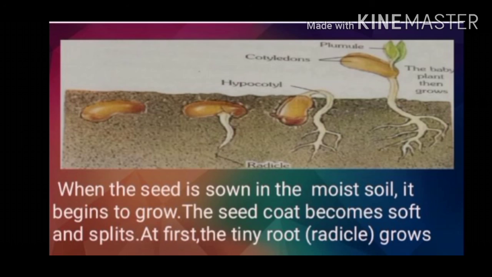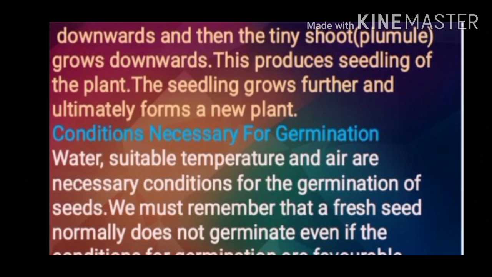At first, the tiny root, that is the radicle, grows downwards, and then the tiny shoot, that is the plumule, grows upwards. This produces the seedling of the plant. The seedling grows further and ultimately forms a new plant.